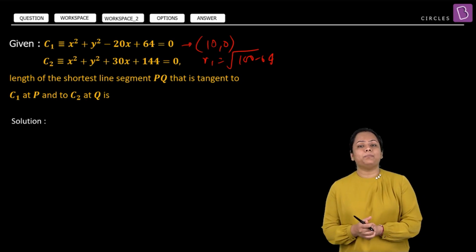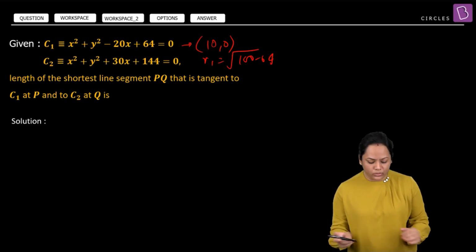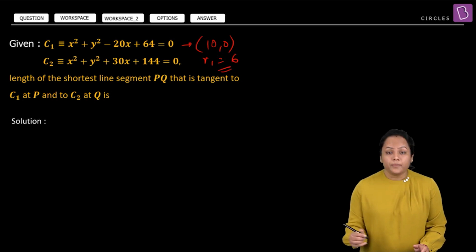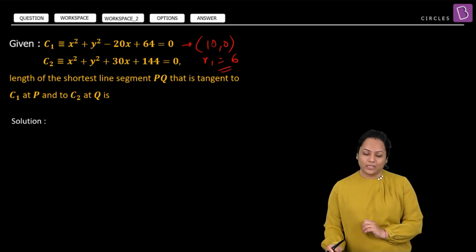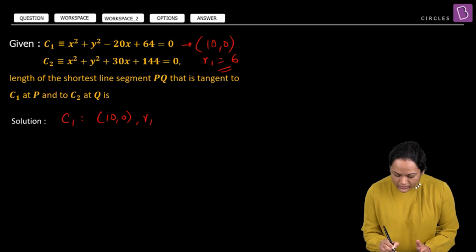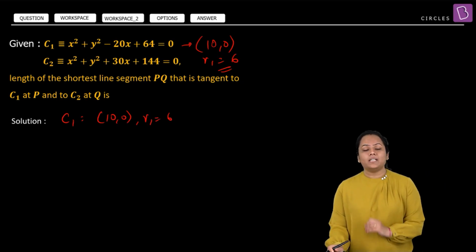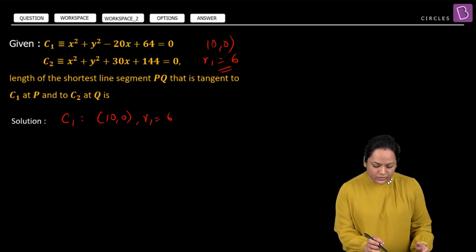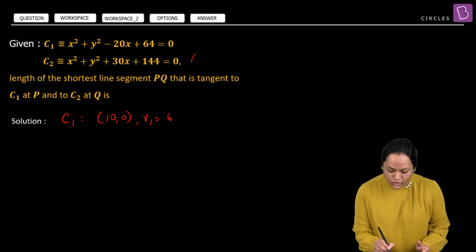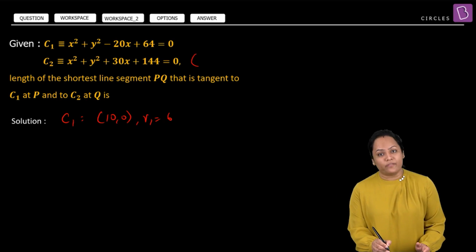And this is 36. And what is the square root of 36? Well, it is 6. So I have C1's center and radius with me, right? Okay, so let me take C1 center at 10, comma 0 and the radius value is 6. Similarly for C2, if I need to find, I can say that my center again is minus half the coefficient of x, comma minus half the coefficient of y.